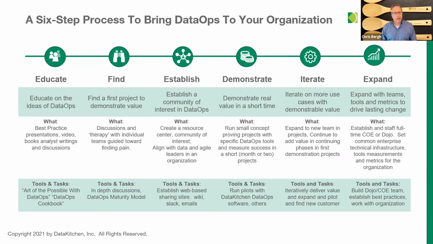And so, the second is, can you sort of get a group of people who are interested in data ops, maybe a community, and can you find sort of a first project to demonstrate some value? And I think this is in the spirit of Agile. Can you find a case where you can show something, a small project, maybe a greenfield, maybe not, but you can actually show that, hey, you can make changes to your data and analytics systems.